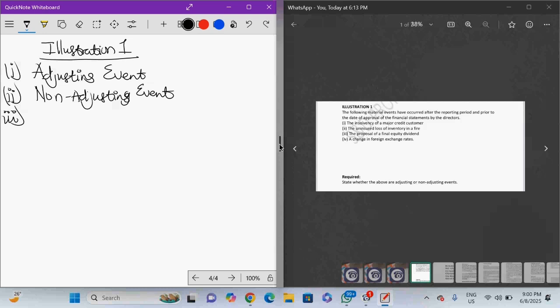So we cannot classify this as an adjusting event because it happens every year. And you were making an example that interim dividend, they paid part of the interim dividend during the period, and they're expecting to get the rest after, right?